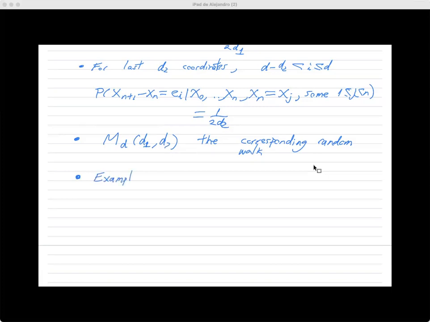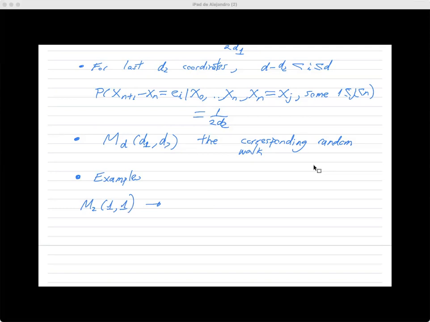Some examples, just to have a more concrete view of what's going on. This is the M 2,1,1. It depends which coordinate you call the first coordinate.